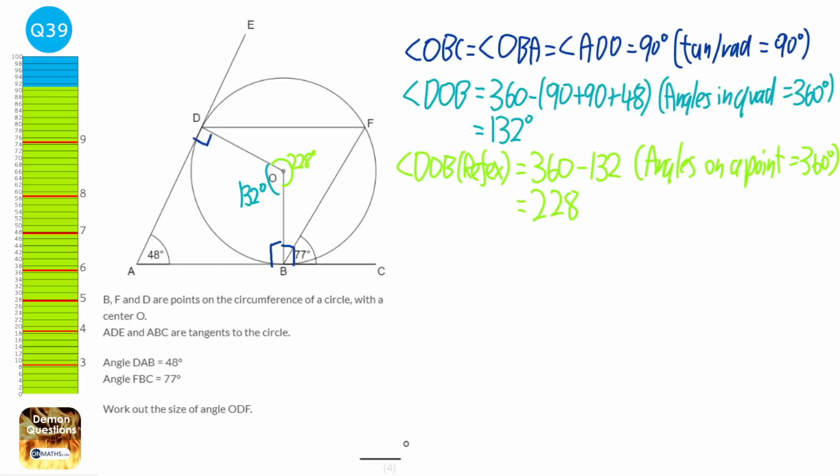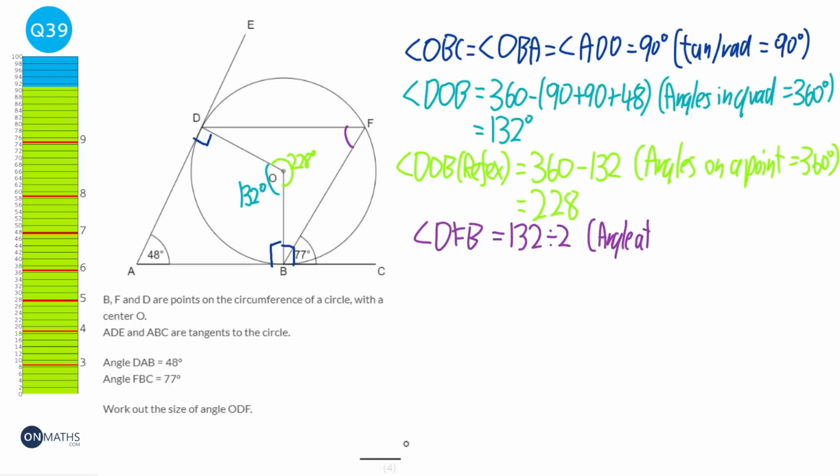Now we can also use the circle theorem to work out this one, because we've got an angle at the centre and an angle at the circumference, and the angle at the centre is twice the angle at circumference. So angle DFB is going to be 132 divided by 2. Angle at centre twice angle at circumference.